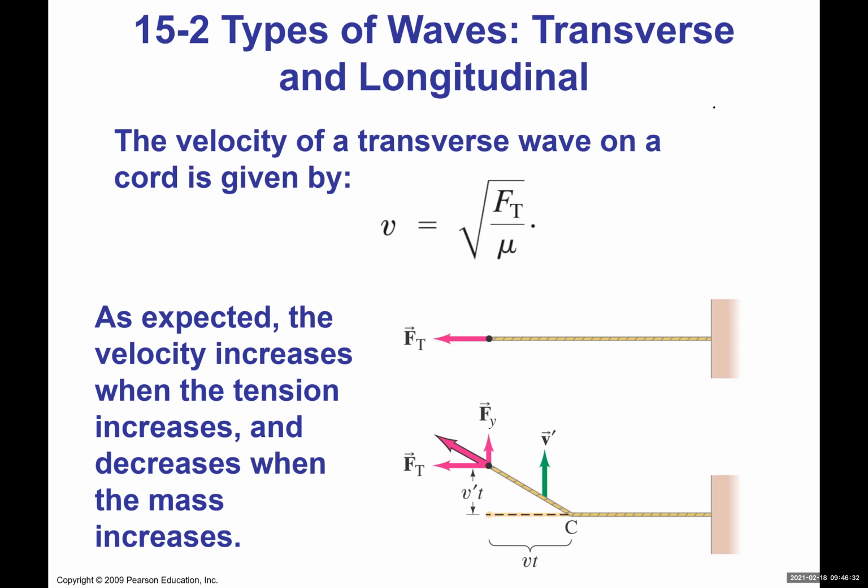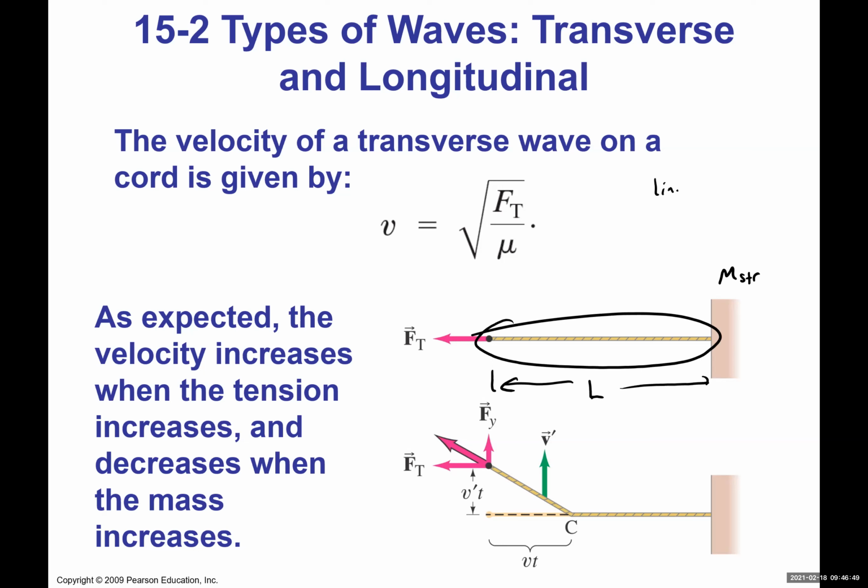So for example, if you take this string over here, and let L be the length of the string and M be the mass of the string, one thing we can calculate is what we call the linear mass density, given with mu.